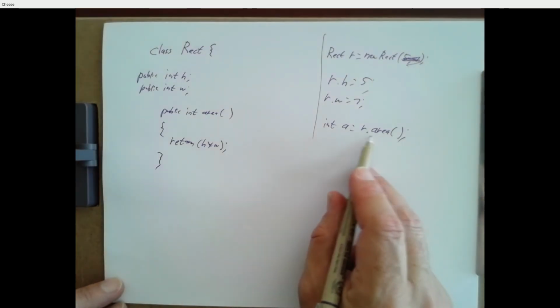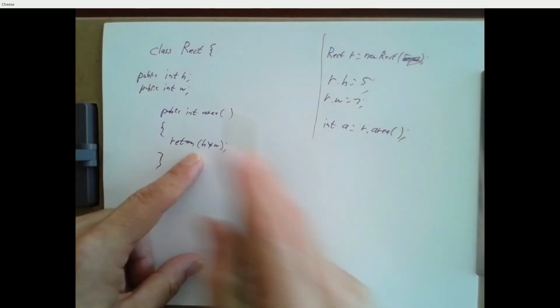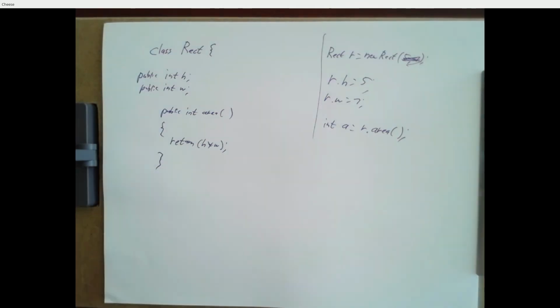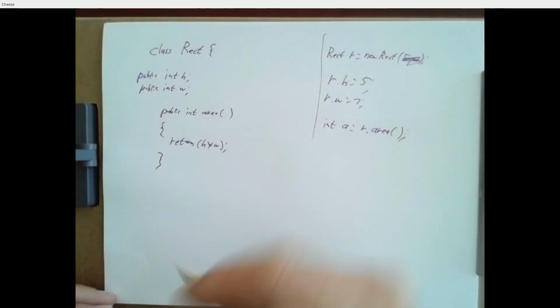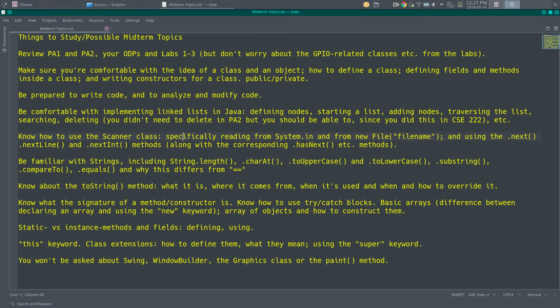This is a method inside that class, so it will call the area method. And when this area method runs, the h that it picks up is going to be r.h. The w will be r.w. So it gives you the area of that rectangle. So being able to write things like this, being able to use those fields and those methods.